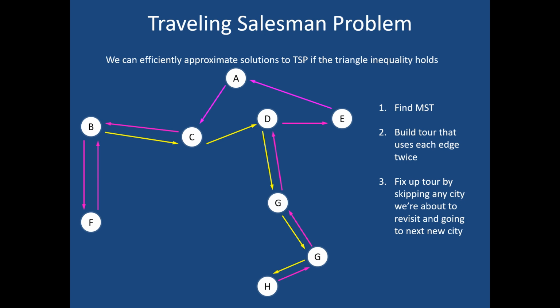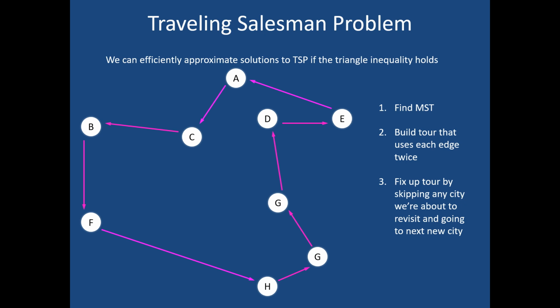It's no good to go to C, or D, or G, so we just go back to H. So what I've shown you is that we've constructed a Hamiltonian cycle, and I said this is an approximate solution, and the question is how good of a solution is it?